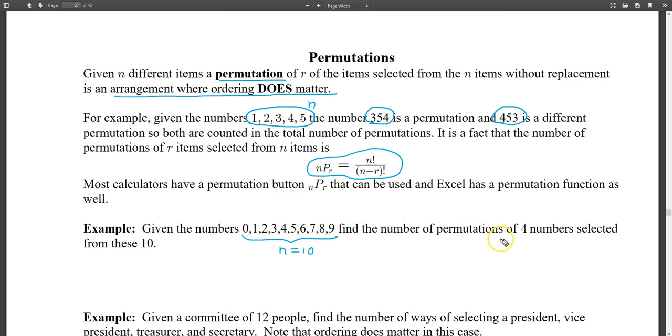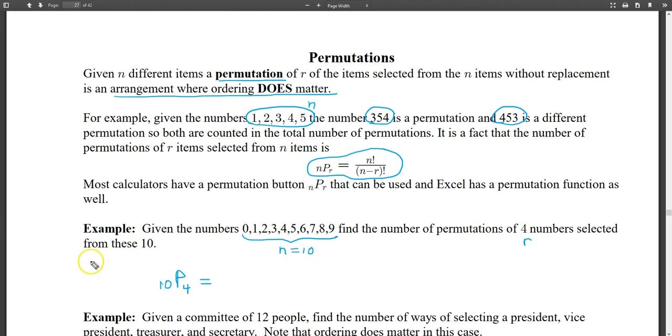Find the number of permutations of 4 items selected from these 10. This is our r. The r is 4. So our answer is simply going to be 10P4, where the n is 10 and the r is 4.